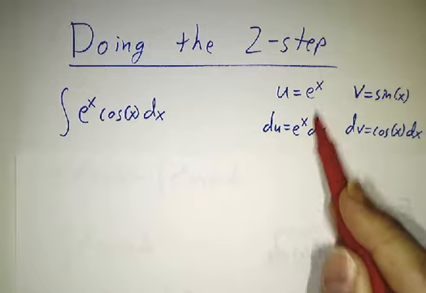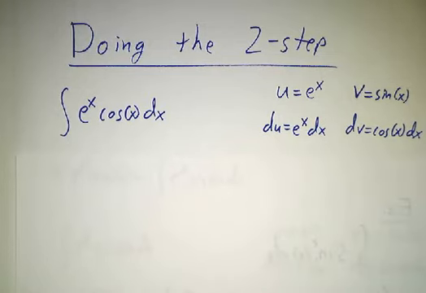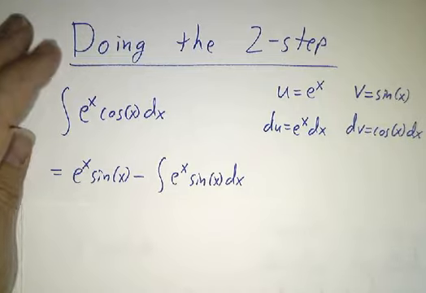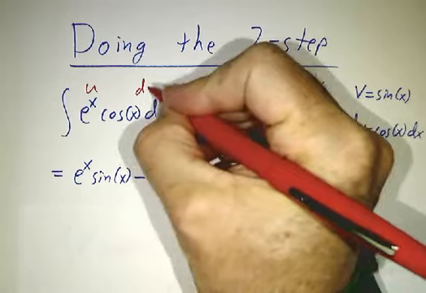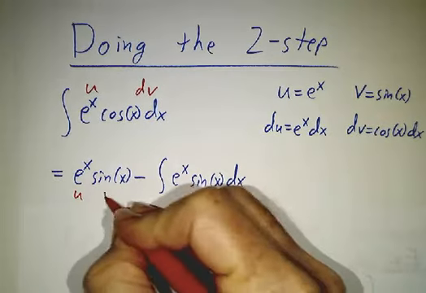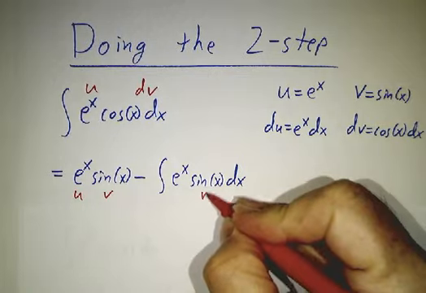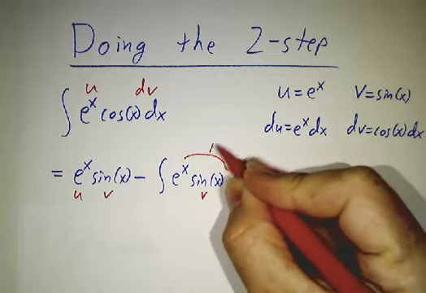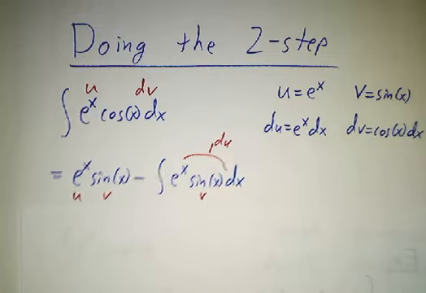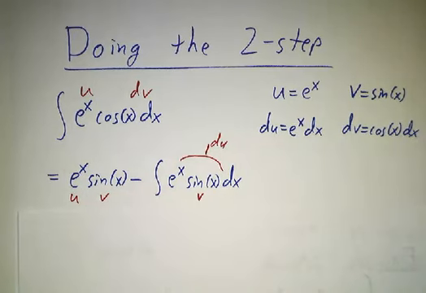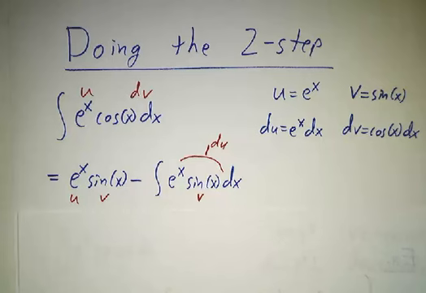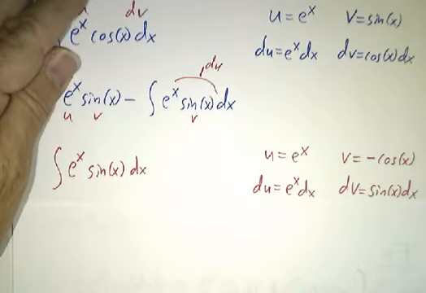You differentiate e to the x, you get e to the x dx. So you have the integral of u dv is u times v minus the integral of v du. Okay, we've traded an e to the x cosine of x for an e to the x sine of x. So what?